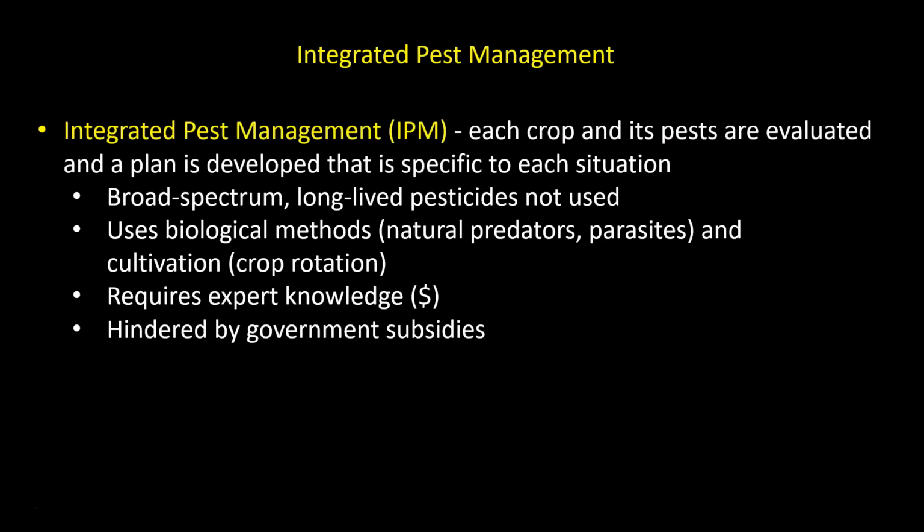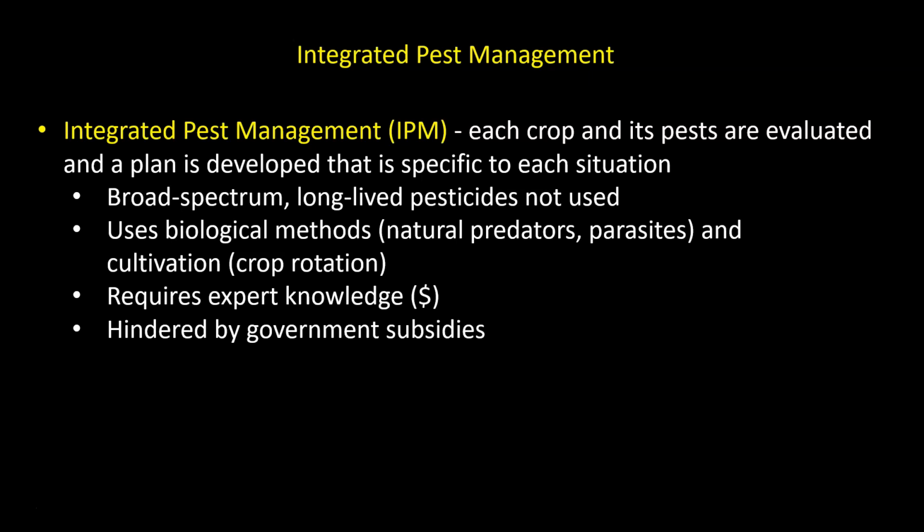A new, more environmentally friendly approach to pest management is something called IPM, or Integrated Pest Management. Integrated pest management involves evaluating crops and the pests that feed on them, and then developing a specifically tailored plan unique to each situation.